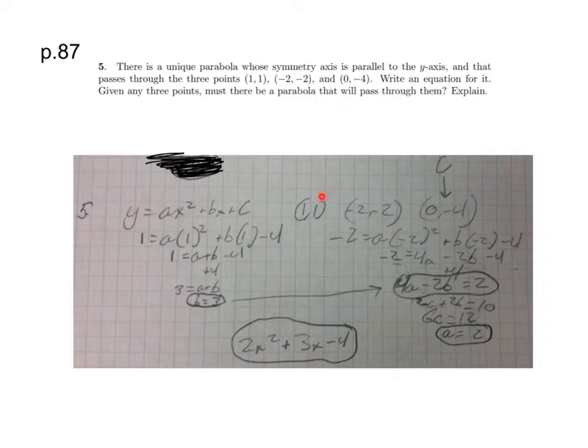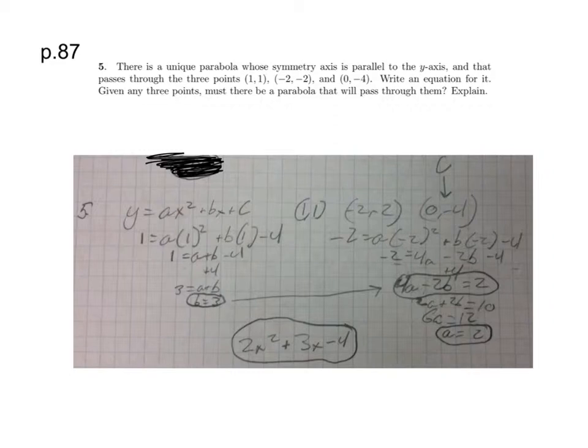And then we plugged in the point (1, 1) into y equals ax squared plus bx plus c, getting 1 equals a times 1 squared plus b times 1 minus 4. And then once you get all that down, you get 1 equals a plus b minus 4. And then we added 4 to the other side and got 5 equals a plus b.